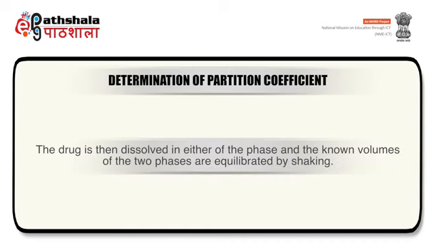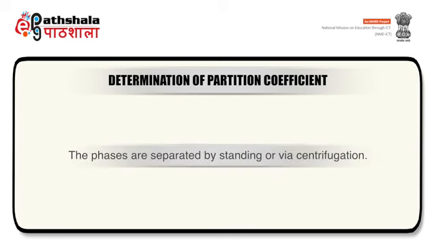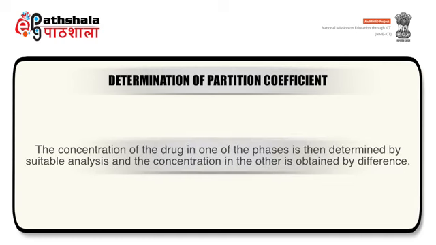The drug is then dissolved in either of the phases and known volumes of the two phases are equilibrated by shaking. The phases are separated by standing or via centrifugation. The concentration of the drug in one of the phases is then determined by suitable analysis and the concentration in the other is obtained by difference.